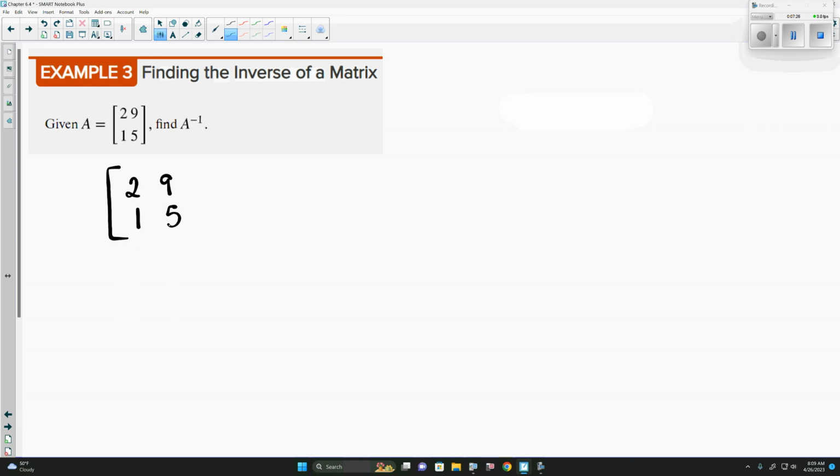Part of the reason we didn't cover it in Algebra 2 is because we didn't cover row augmentation or row manipulations. So since we did the row augmentation the other day with getting the row echelon form or reduced row echelon form, we can actually use it to find the inverse.